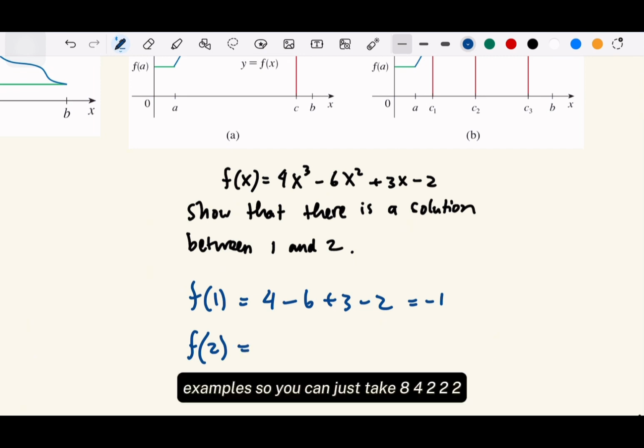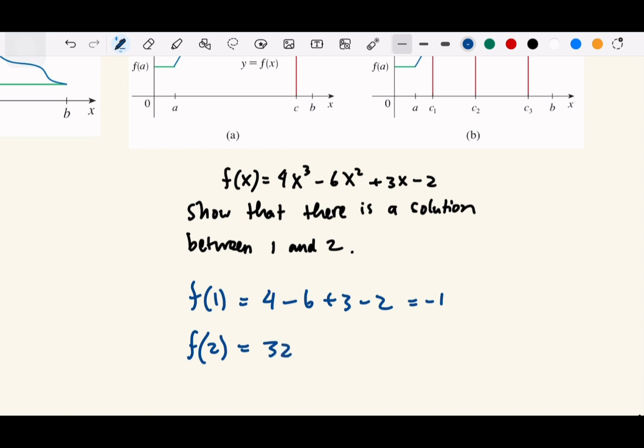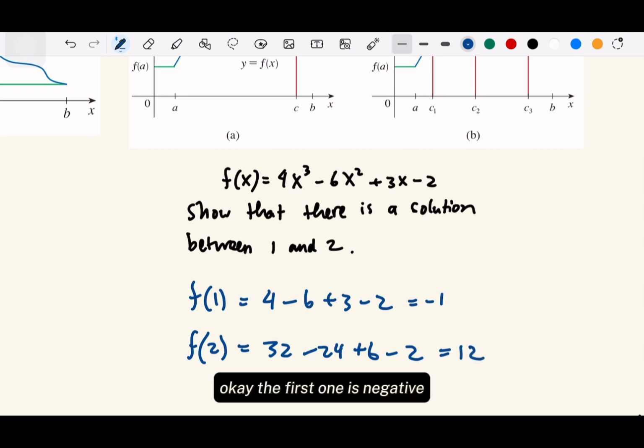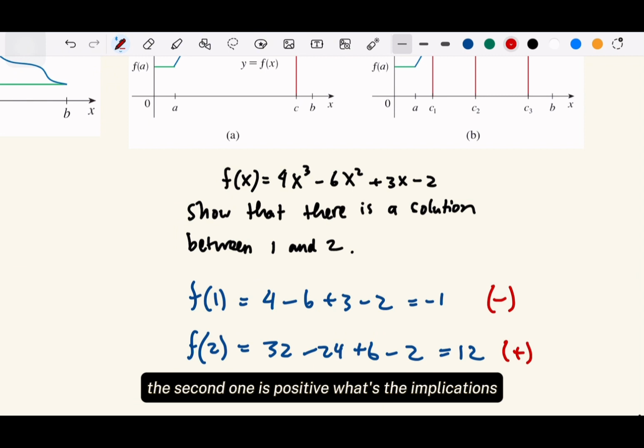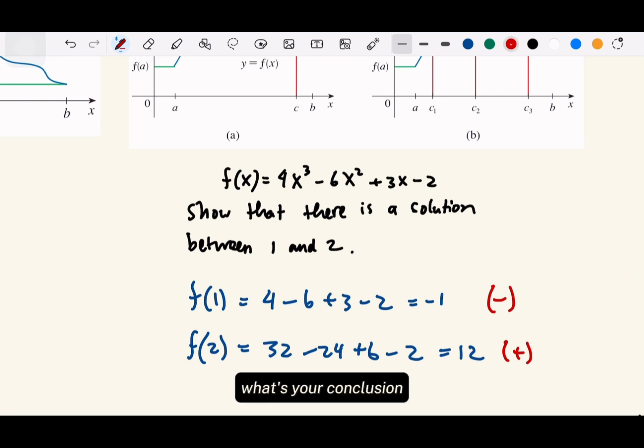So we could just take f of 2: 32 minus 24 plus 6 minus 2. It's 14 minus 2, which is 12, right? Okay, the first one is negative. The second one is positive. What are the implications? What's your conclusion?